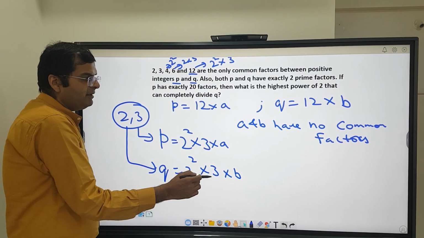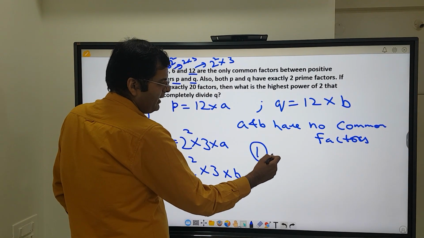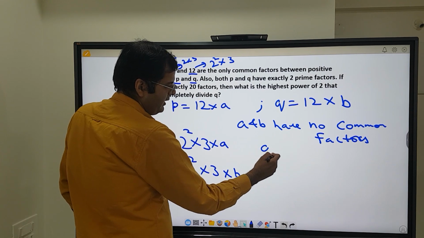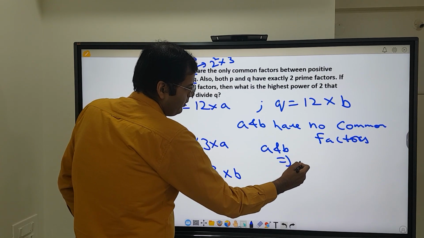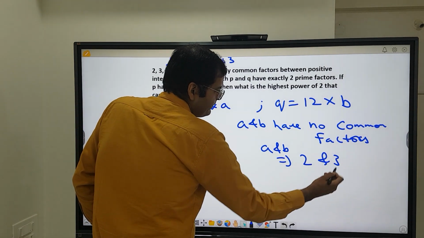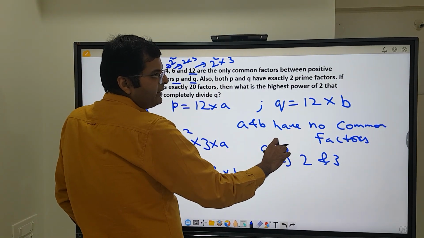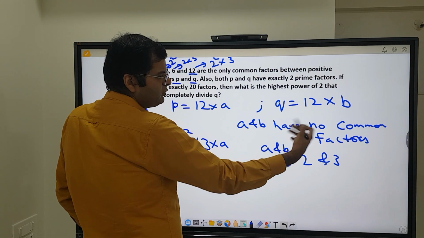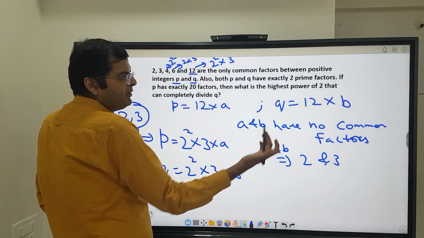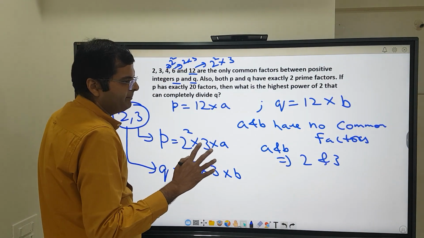That means a and b have to be 2 and 3, in such a way that a can be 2 or b can be 2. If a is 2, then b is 3. If b is 2, then a is 3, because a and b should also have no common factor between them.